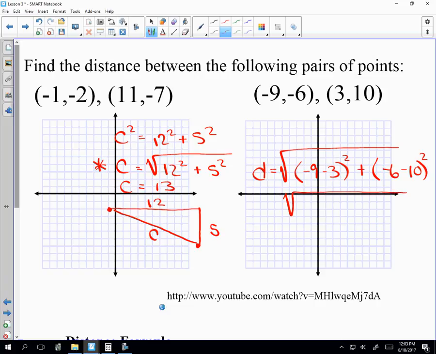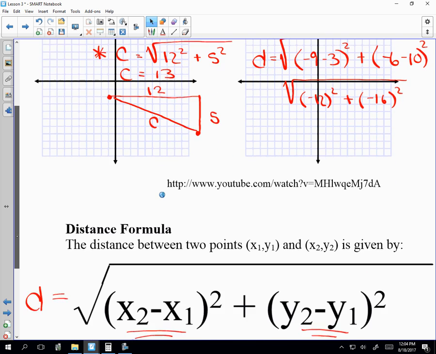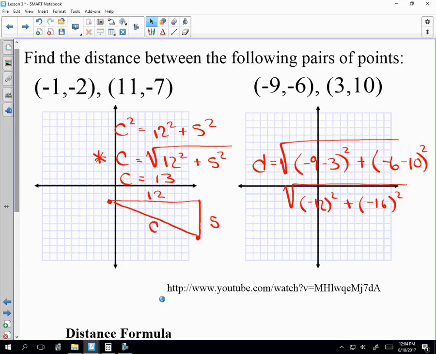So we want to go through and do a little simplifying. -9 minus 3 is -12 squared, and then -6 minus 10 is -16 squared. Now, the good news is, even though these values are showing up negative, when we square a negative value, we actually get a positive answer.